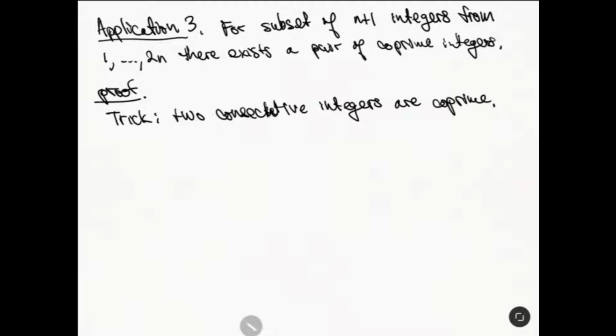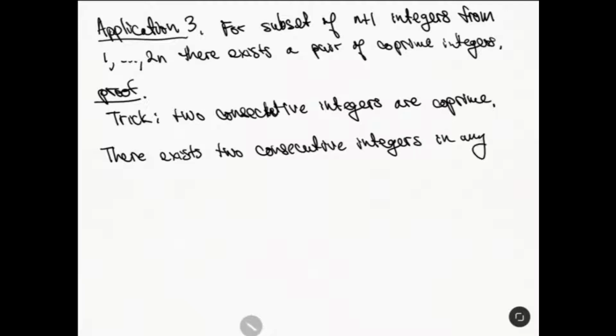Okay, so how to do this? The 2 consecutive integers are coprime, and so there exist 2 consecutive integers in any given n plus 1 element subset.